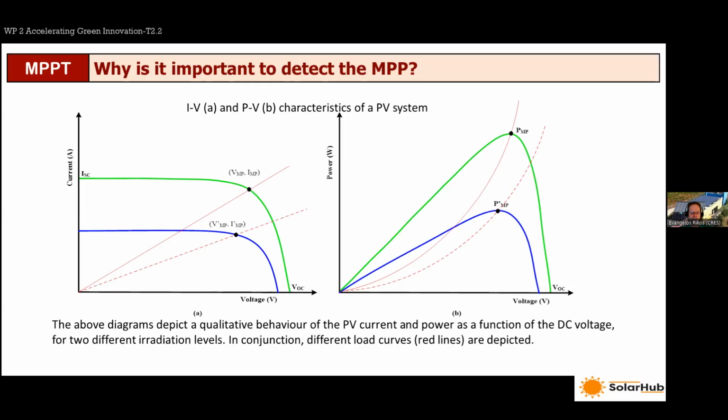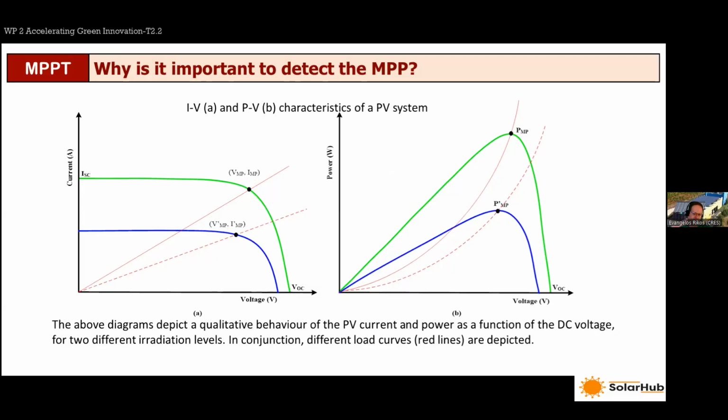First of all, and I'm pretty sure it was not so clear in the previous diagrams, I mentioned the IV and PV characteristic of a PV cell and a PV module, but I didn't say anything about the variability of it. So you might have assumed that this characteristic, or for example, the one that the nameplate gives, is fixed.